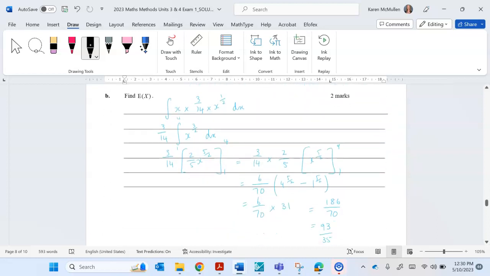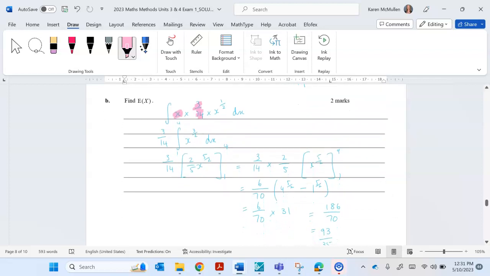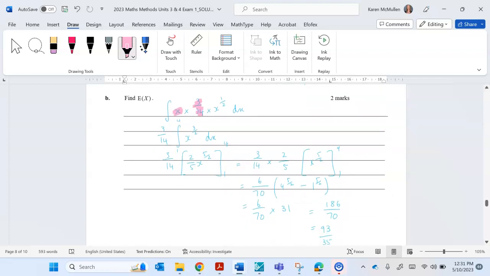All right, and then finishing with an easy question. Finding the expected value. So all we need to do is multiply that function by x. Putting in your value of k, it gave you the value of k, so you can just substitute that in, which is good because then you're not missing out on marks if you couldn't do the previous question. What makes this difficult?